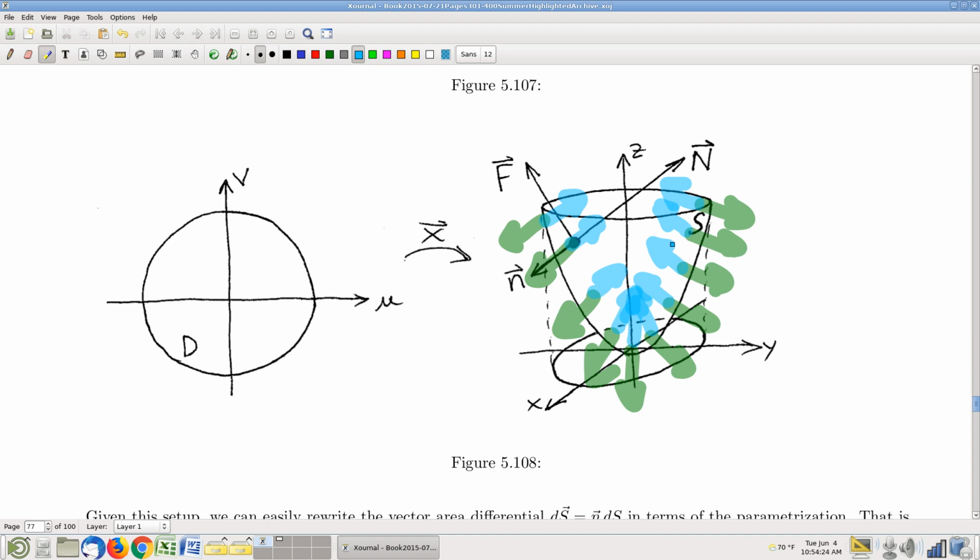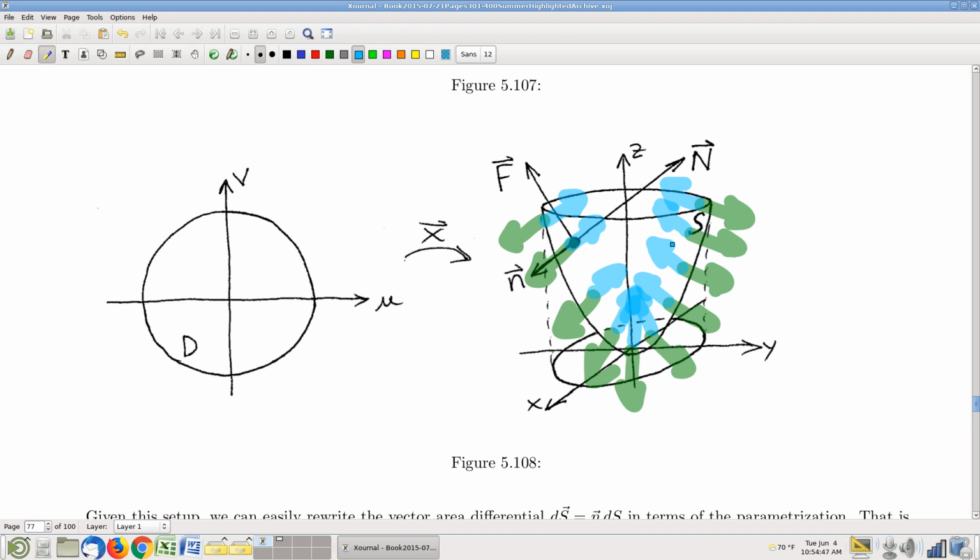So the idea is, let's look at the green versus the blue, and can we think of some characteristic that distinguishes between them? Here's my choice. All these green vectors are pointing somewhat downward.